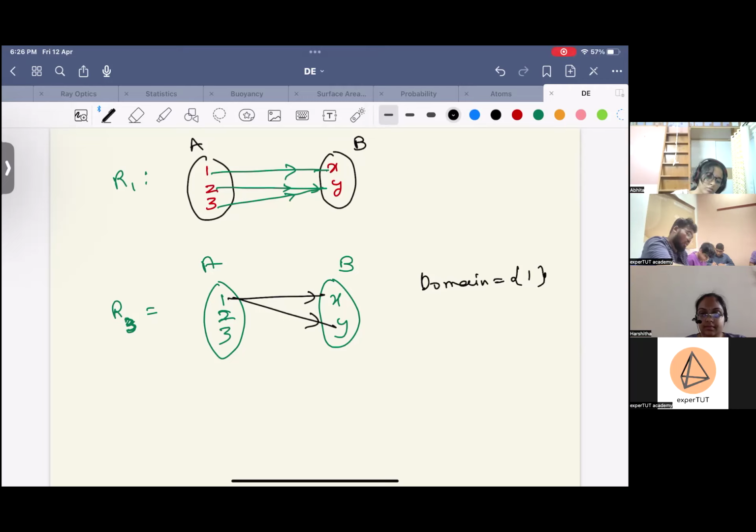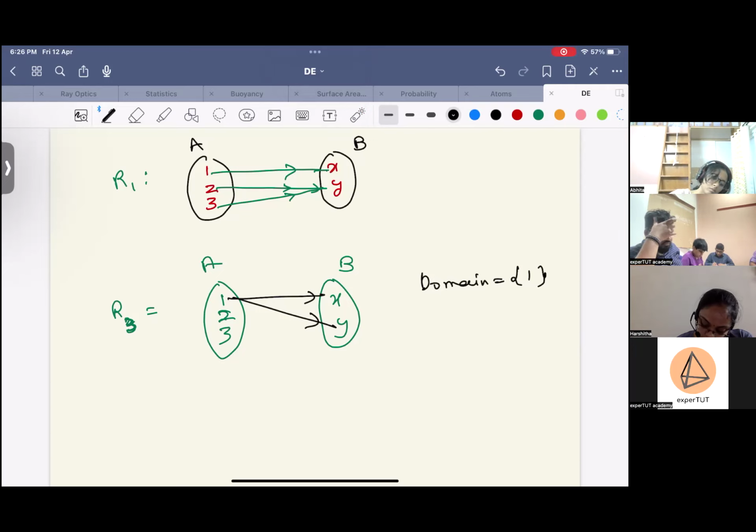Okay. After that write: whatever is present on the right side is called codomain. I am not saying connected, I am saying present. Whatever is present on the right side is called codomain.